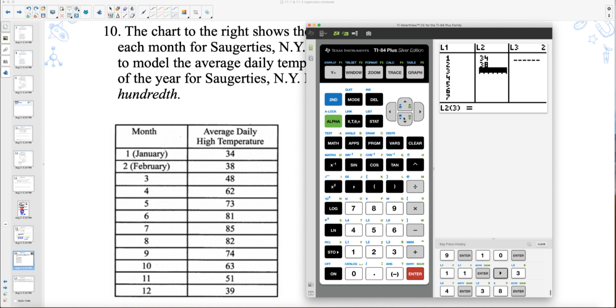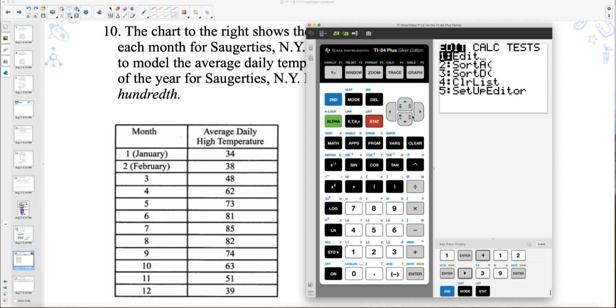Next month, 38. So it's starting to go up as we get to the summer months. And then as we get to fall and winter, it starts to go back down. 51 and 39. Okay. So we have our data in.